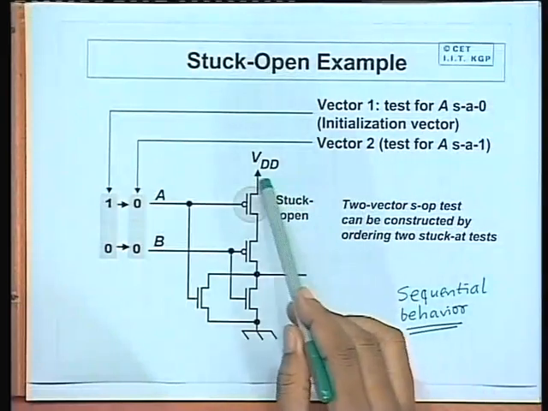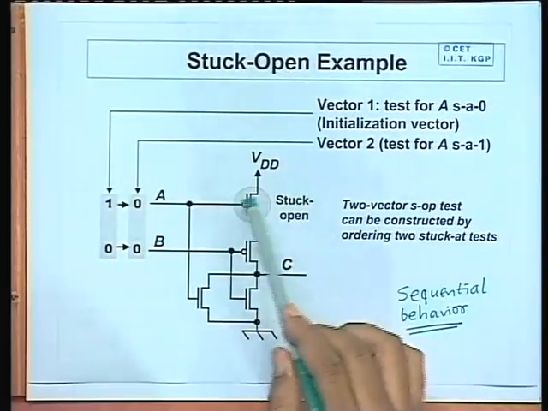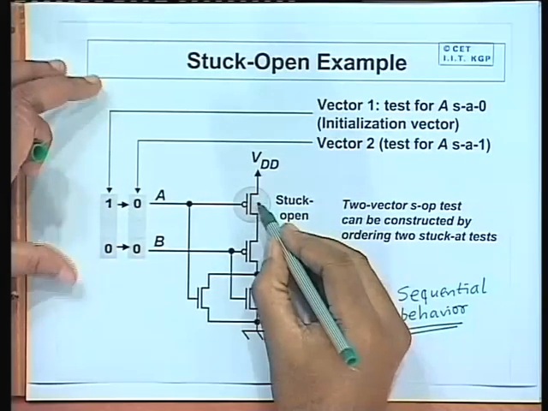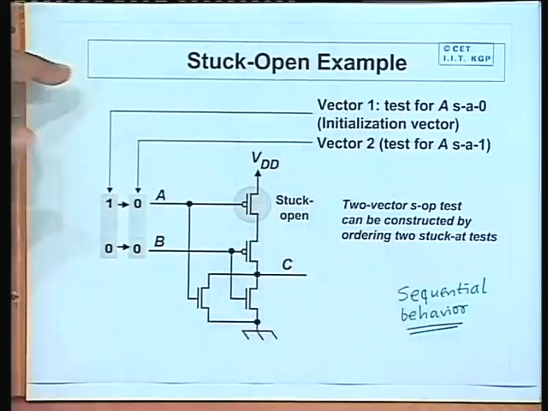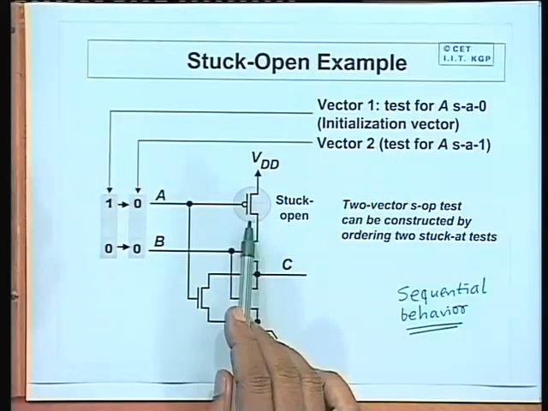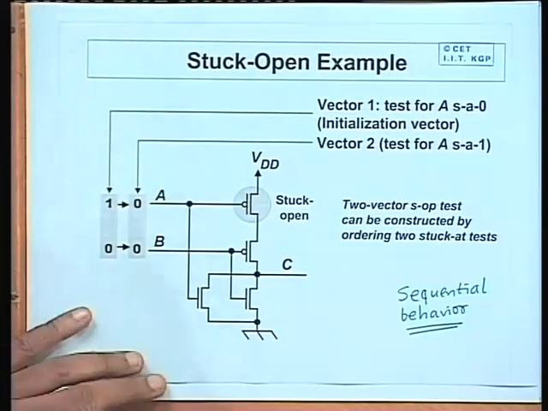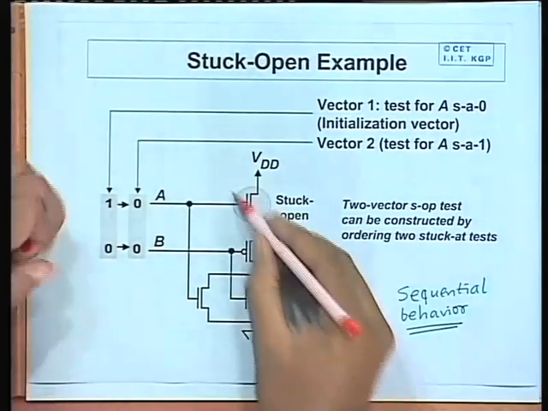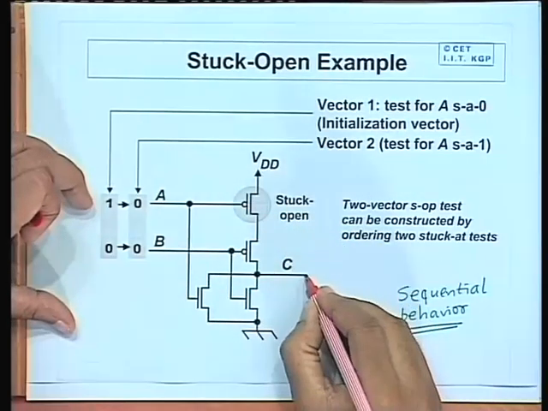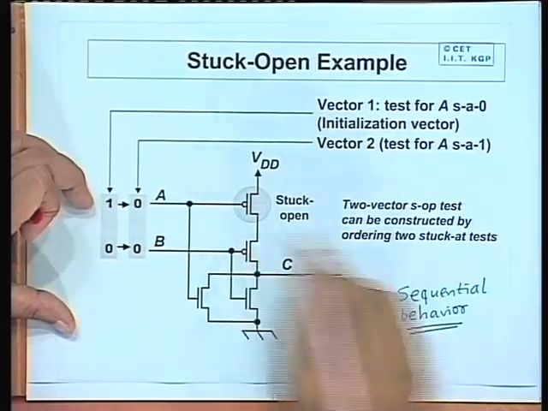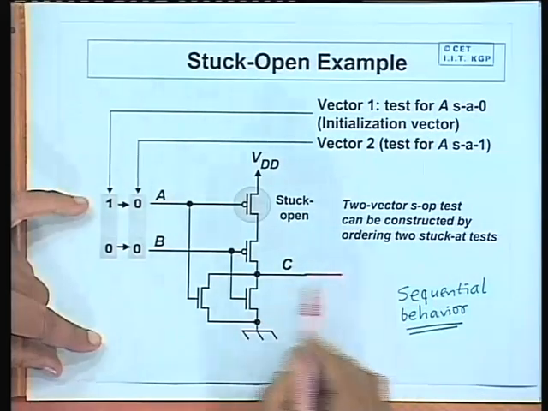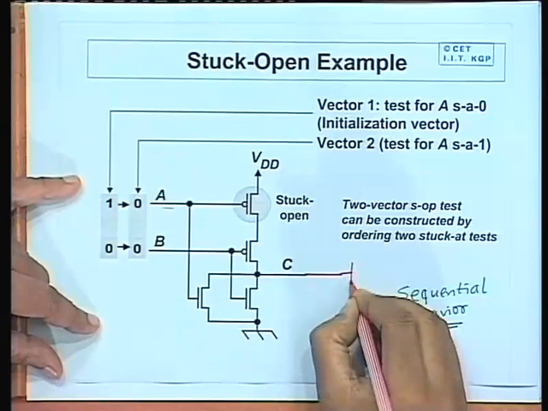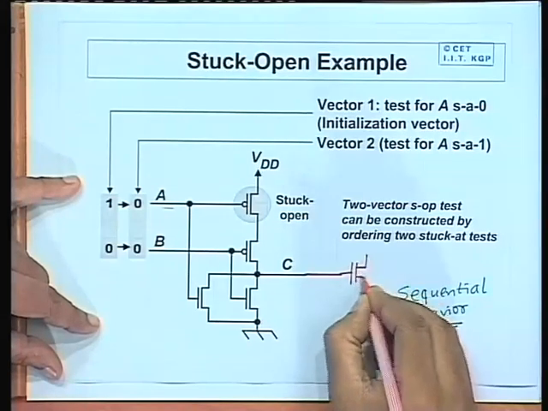This is the circuit diagram of a 2-input NOR gate. We assume that this pull up transistor is stuck open. This is always off. Here we observe one thing: this is an isolated gate. Now this gate may be driving some other gate in the next stage. Some other gate means what? It will be driving the gates of some other transistors.